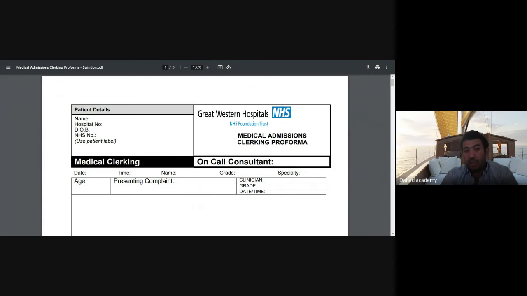All right. So let's go through the investigations and see what we can do to help this patient and to clerk her in a good way. So we will request the investigations now. We will need the bloods. We need the full blood count, U&Es, LFTs, CRP. We need a VBG as well, to look for lactate.